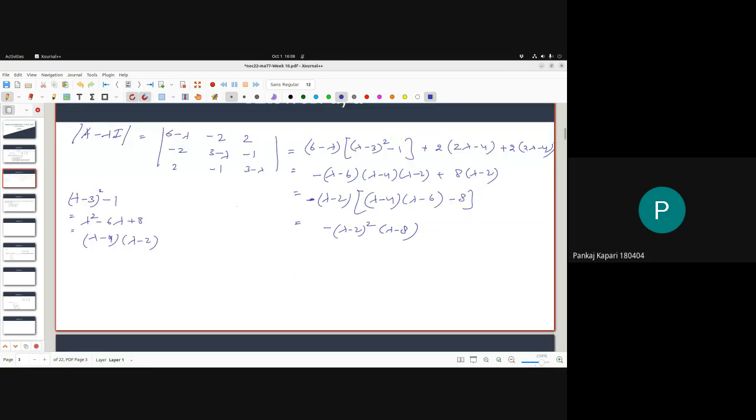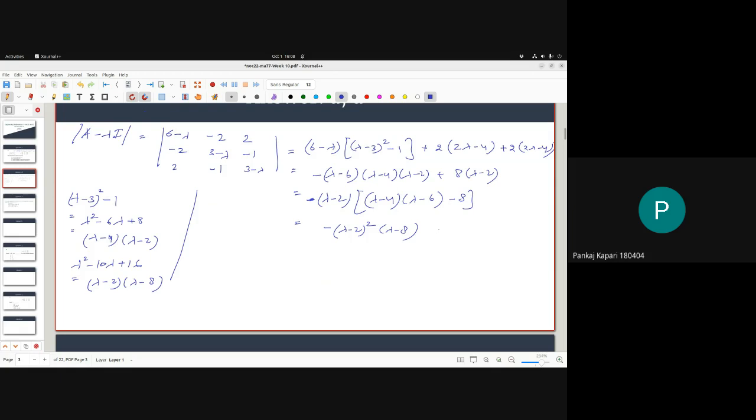Why? You can expand this part: you'll have lambda square minus 10 lambda plus 16, and that can be written as lambda minus 2 into lambda minus 8.